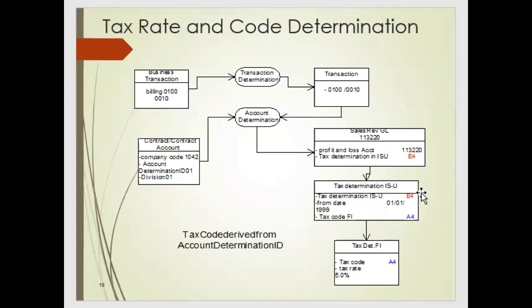So the tax rate and code determination, how will it be done? You can see at the business transactions, we are getting the main transaction. At the contract account level, we get the business partner, the company code, the account determination ID, and division. All these three things we are getting. Now, the transaction is happening on that business partner, and through account determination, we link them to a ledger.